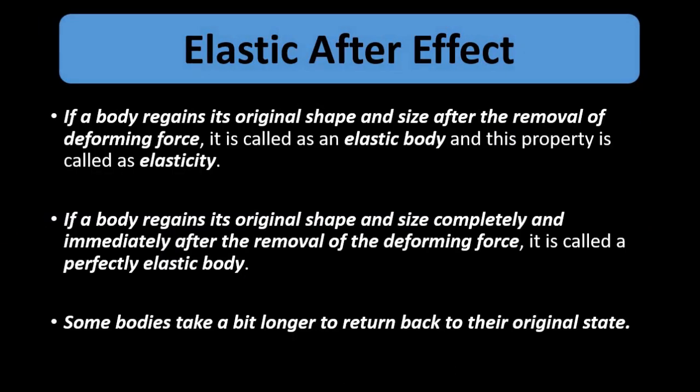So let us say we have an elastic material, let's say a rubber band or any elastic material. Suppose it is subjected to external stress, some force is applied. As a result, this elastic material gets stretched.